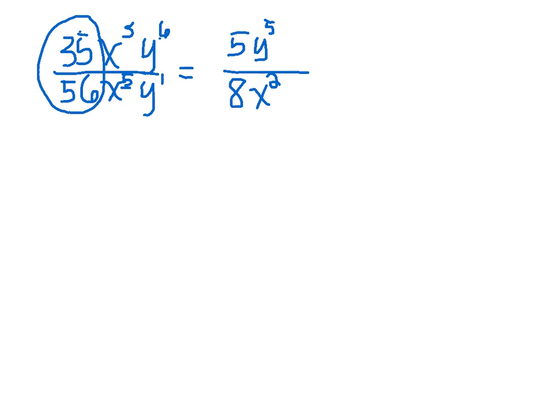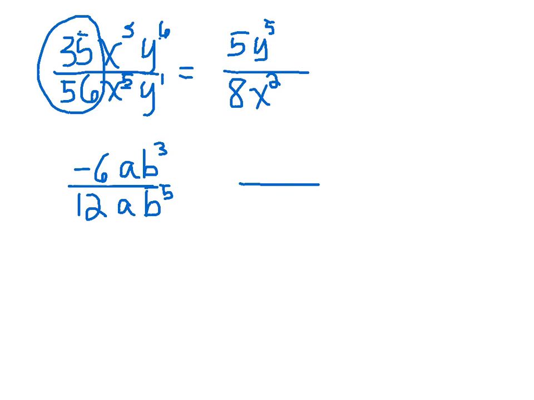What if it were, let's see, negative 6a b to the 3rd over 12a b to the 5th? Again, what I like to do is just draw my fraction bar. I can see that different signs are going to give a negative, so the negative goes out here. 6 over 12 reduces to 1 over 2.